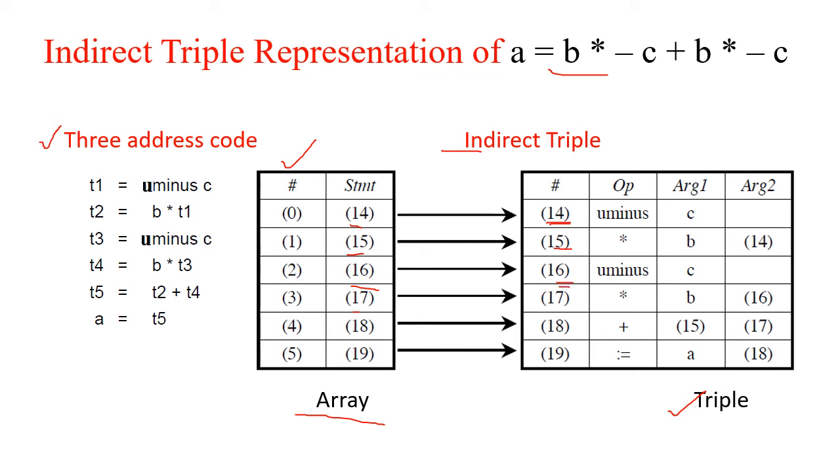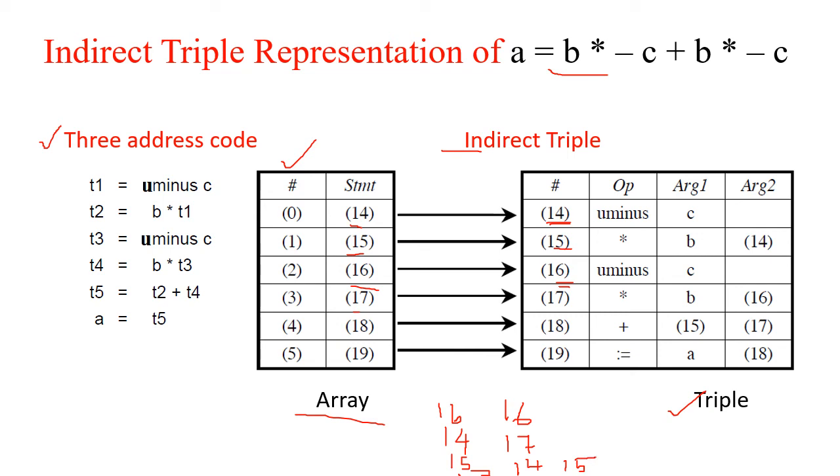So we can find another execution sequence like 16, then 14, then 15, then 17, or we can start from 16, then 17, then 14, 15.